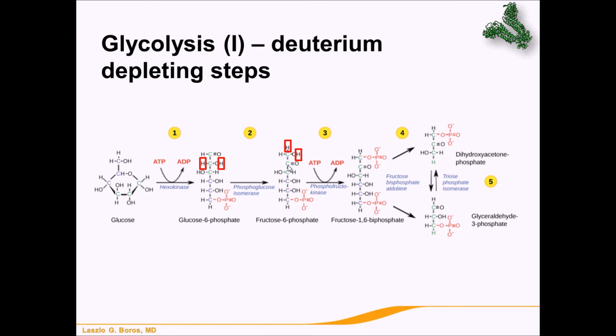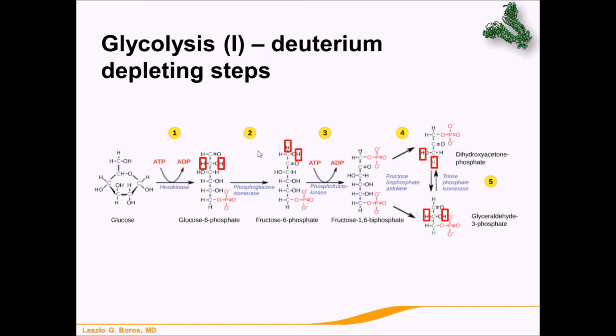I'm not going to go into details, but I just wanted to point out deuterium depletion starts immediately as our glucose is getting oxidized or glycolysis is starting in the system. Then the aldolase reaction would cleave dihydroxyacetone phosphate and glyceraldehyde 3-phosphate, and the rest of the reactions, in triose phosphate isomerase, for example, perform the same water hydrogen exchanges between cytoplasmic water and glucose.